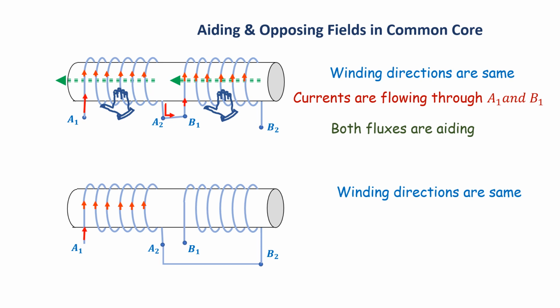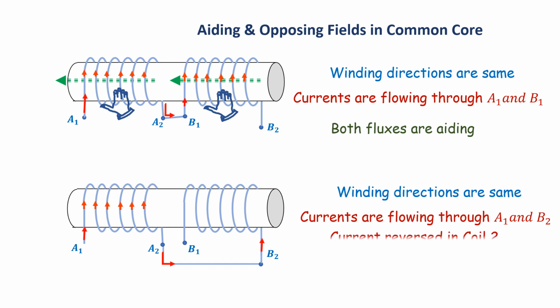This current will flow through all the turns, come out from A2 and enter B2. The currents are flowing through A1 and B2. That means in coil 2 we have reversed the current. This current will flow in coil 2 turns as shown by the arrow marks.